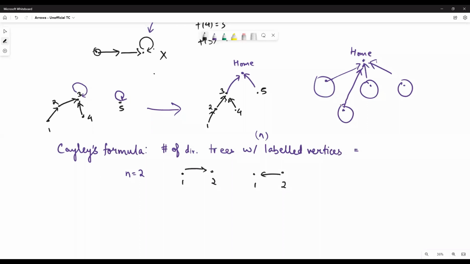So that is unlabeled vertices, I guess. My bad. I'm clearly sorry, guys. I did this problem a long time ago. I'll have to search up the theorem.